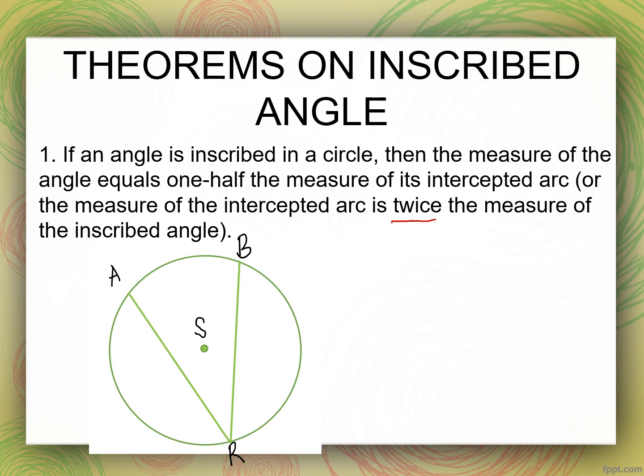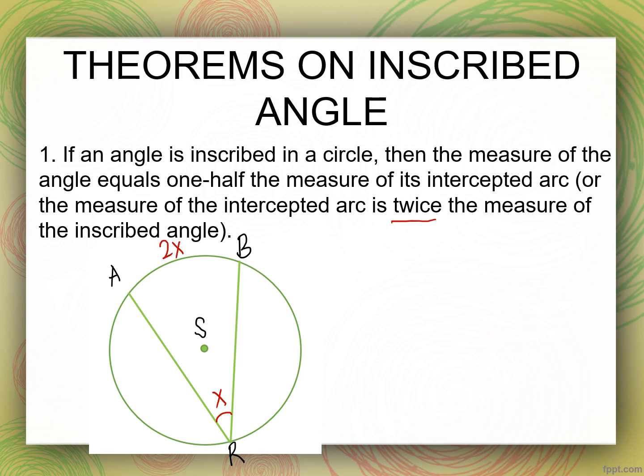So let's have a circle S here. As you can see, angle ARB is an inscribed angle. Now, based on the theorem, the measure of its intercepted arc is double the measure of the inscribed angle. So if angle ARB is x, for example, then the measure of arc AB is 2x, twice the measure of the inscribed angle.